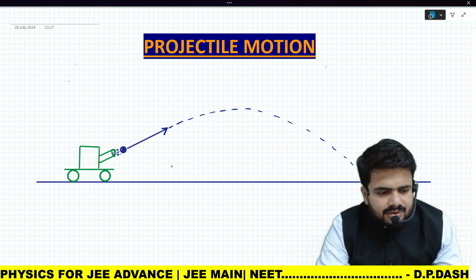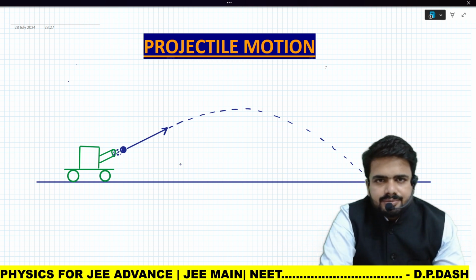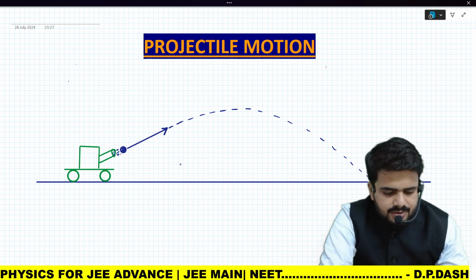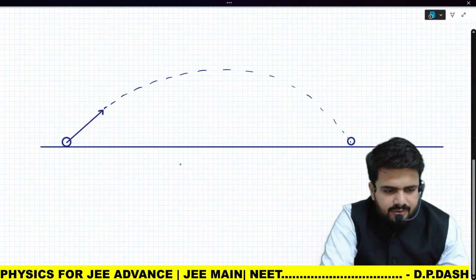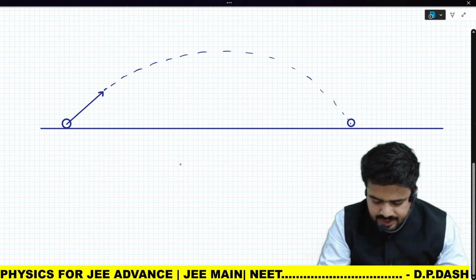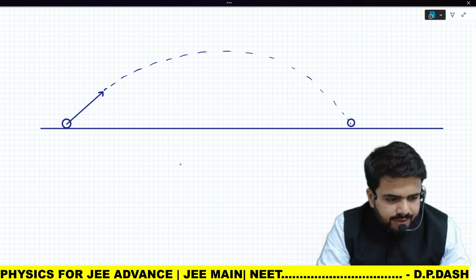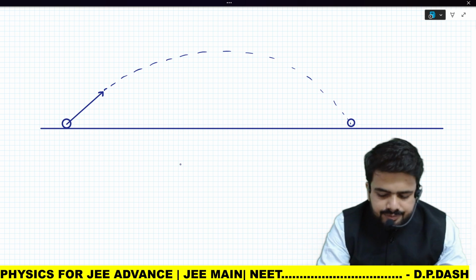These all come under the examples of projectile motion. Clear? So before going into more detail, let us discuss the important terms that are going to be useful in projectile motion.